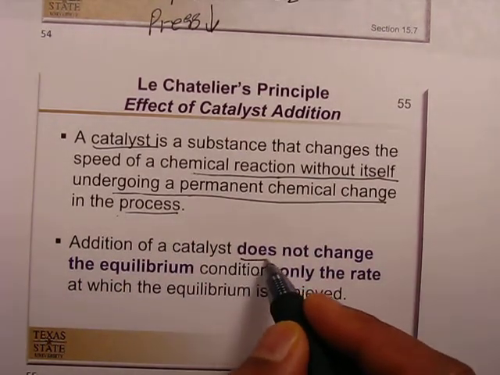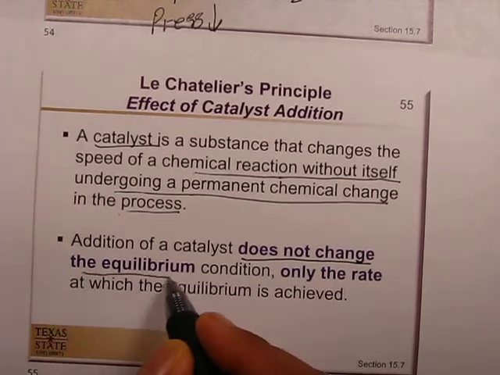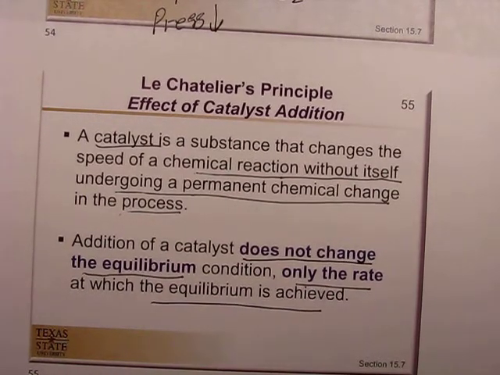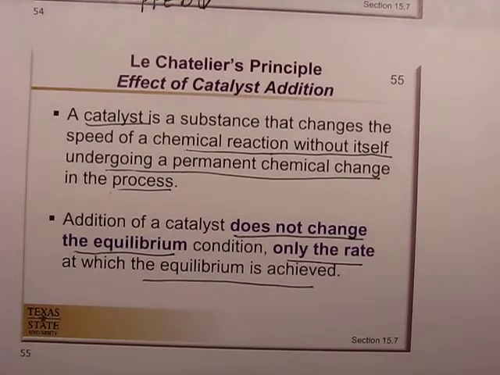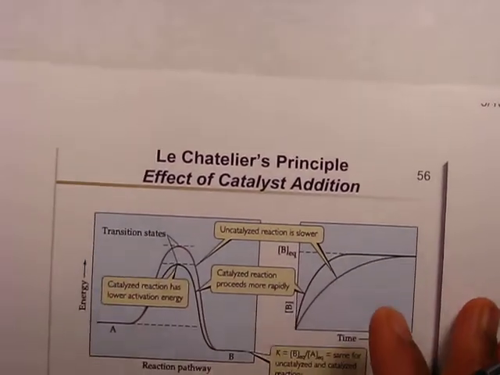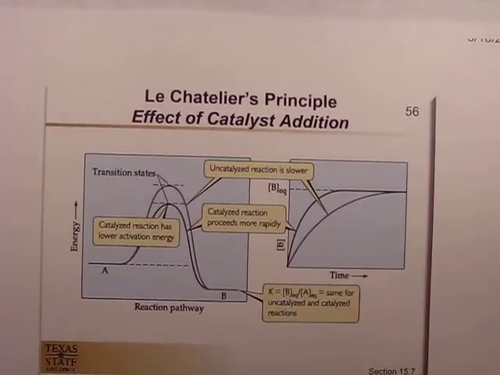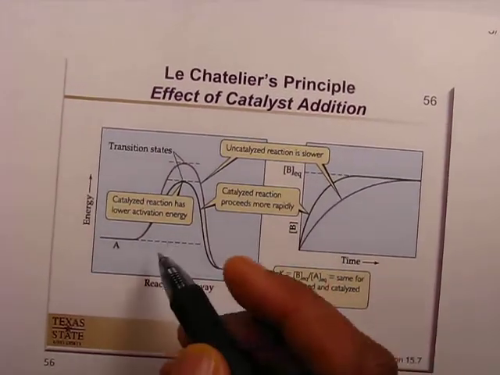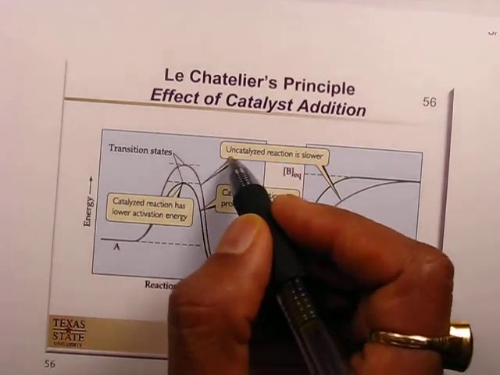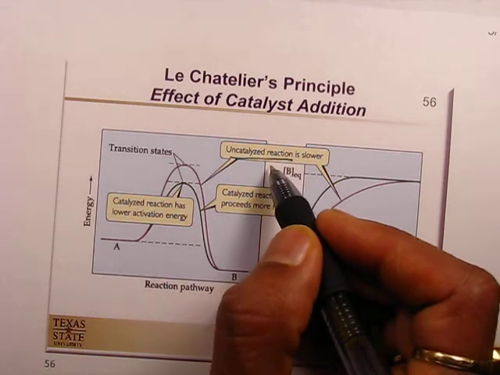So addition of catalyst does not change the equilibrium, only the rate at which equilibrium is achieved. So basically we can understand this effect of catalyst by this slide, that if this red line shows uncatalyzed reaction, where there is no catalyst here.